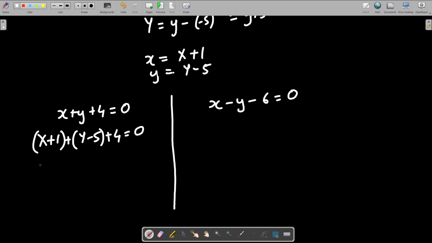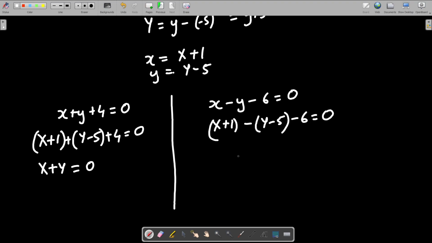This will become X plus Y, and 1 minus 5 plus 4 is 0, no? And this will become X plus 1 minus Y minus 5 minus 6 is equal to 0. So this will leave you with X minus Y, and 1 plus 5 minus 6. So this will become 0 again.